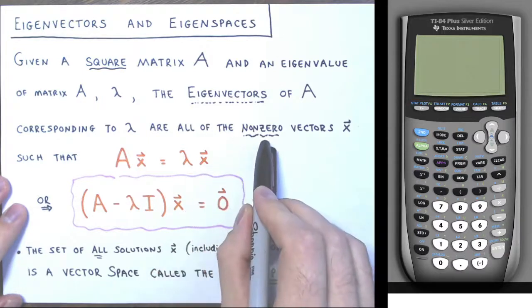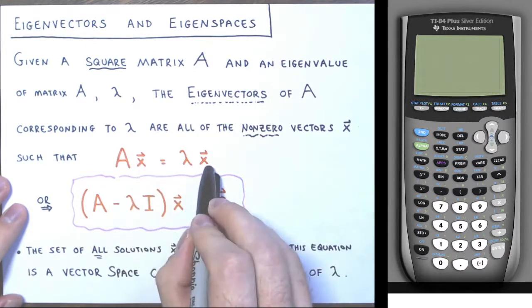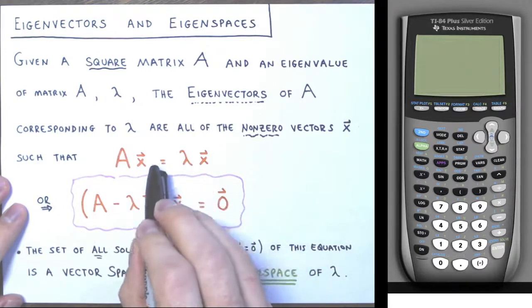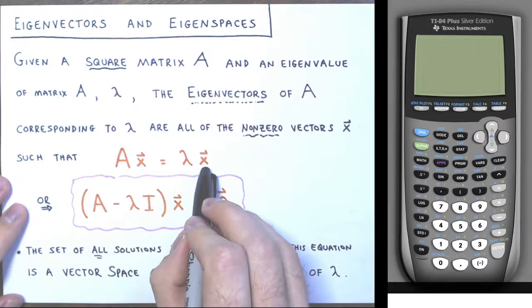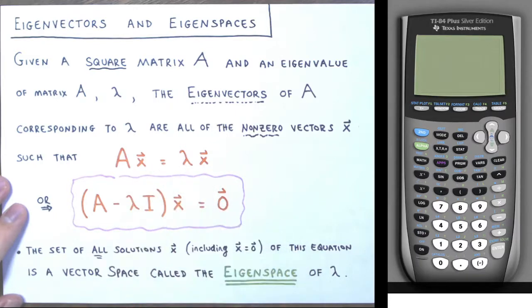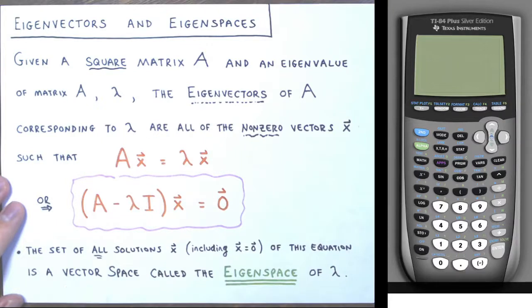But notice I underlined the word non-zero, because obviously the zero vector would be a solution. A matrix times the zero vector, a scalar times the zero vector, both sides would give me the zero vector, and it would be a true statement. So that trivial solution, with just the zero vector as x, is not interesting. So we're looking for non-zero solutions to this equation.